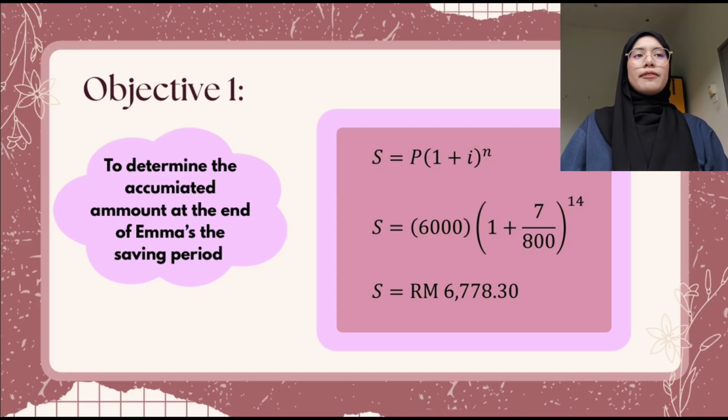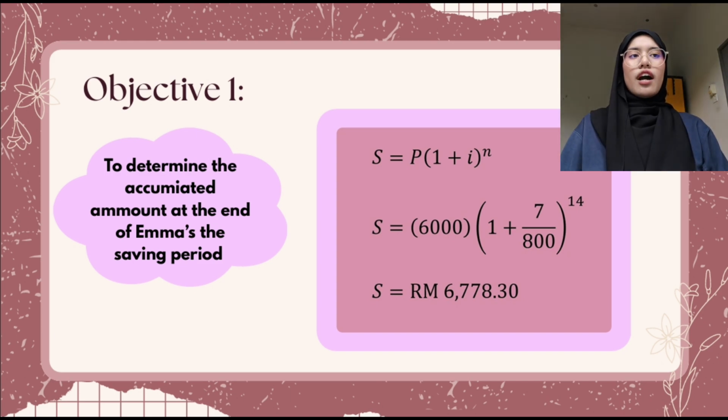Objective 1. To determine the accumulated amount at the end of Emma's saving period using the formula S equals P multiplied by 1 plus I to the power of n. We substitute the information: S equals 6,000 multiplied by 1 plus 7 over 800 to the power of 40.